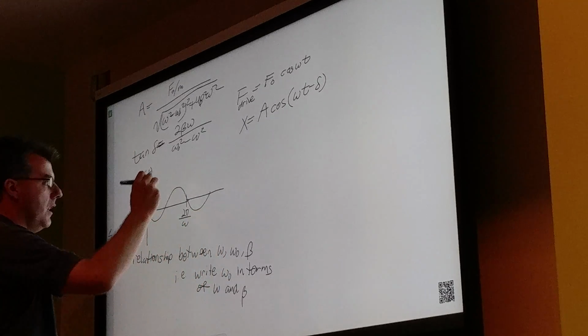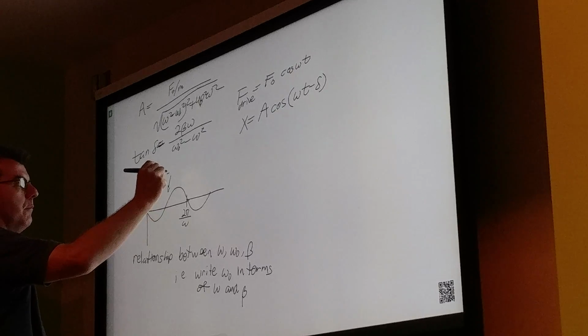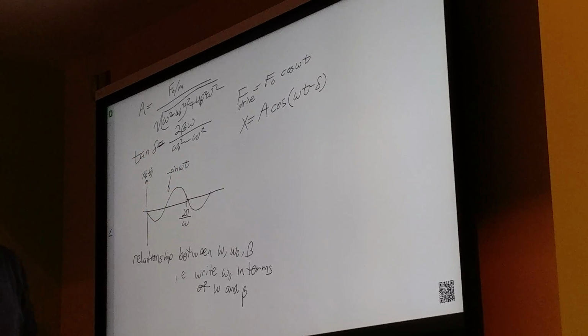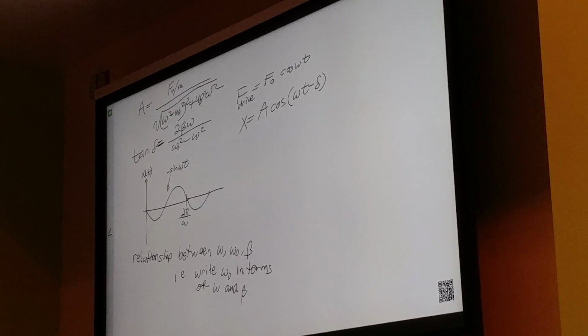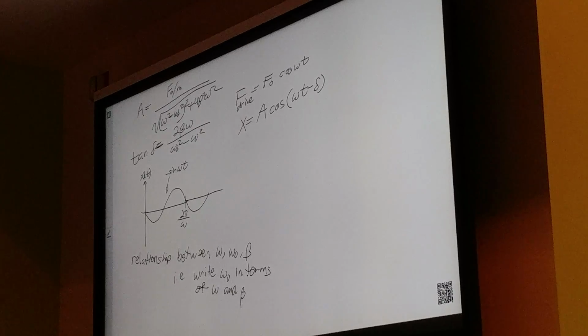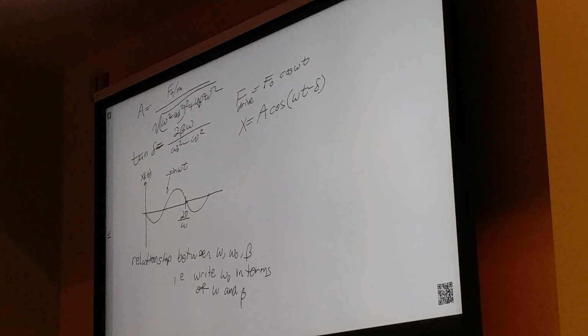Because this looks to me like minus sine of omega t. Right? So, if it's minus sine of omega t, then I think we know what delta's gotta be.